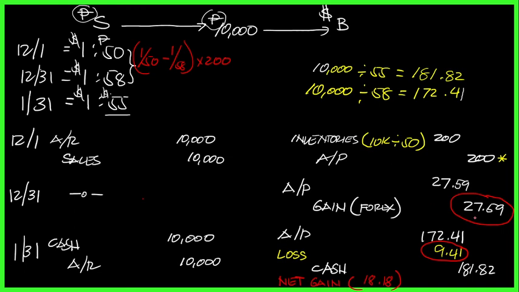And you should get something that's around 27.59. And then here, you will get 1 over 58 minus 1 over 55, and you multiply that by 200, and you should get something around 9.41.